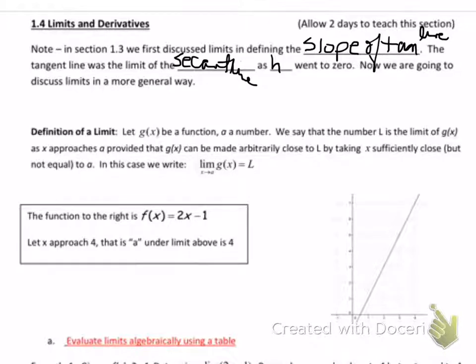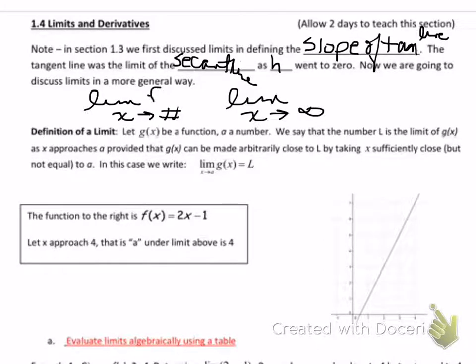We're going to discuss limits as x approaches some number, and then we'll discuss limits as h approaches infinity, and they'll both be limits of some general function. And then after we do that, we're going to go back to limits of a function as h approaches 0.